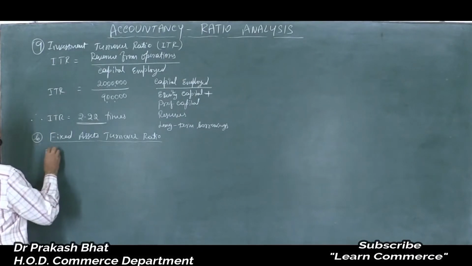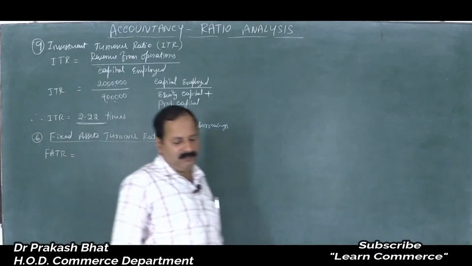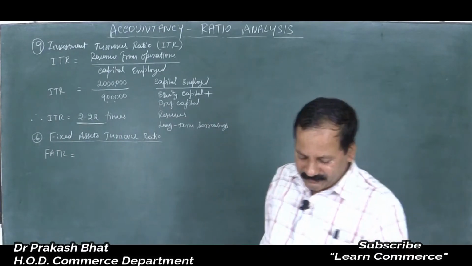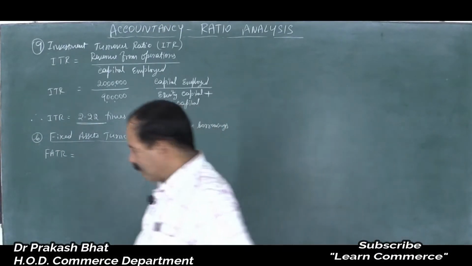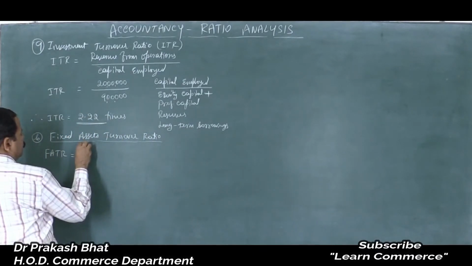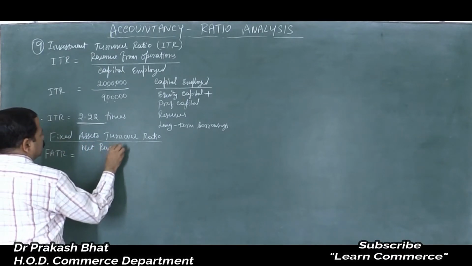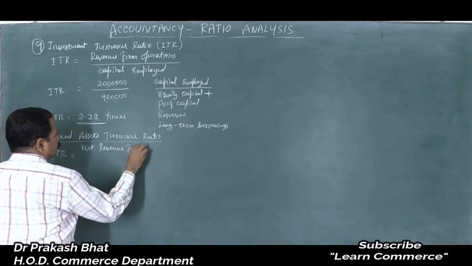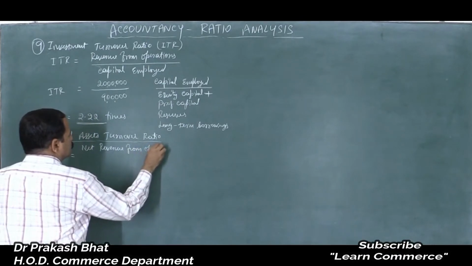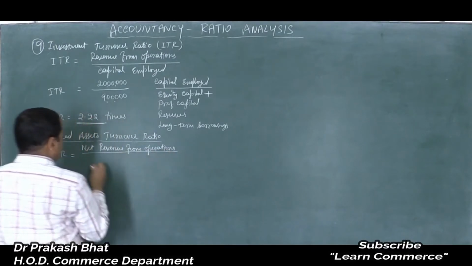So FATR, fixed asset turnover, is equal to net revenue from operations divided by net fixed assets.